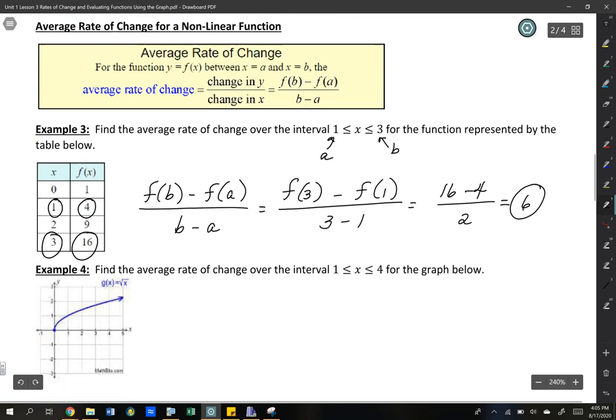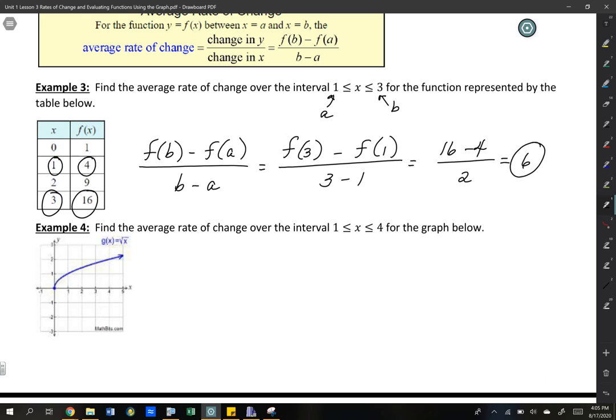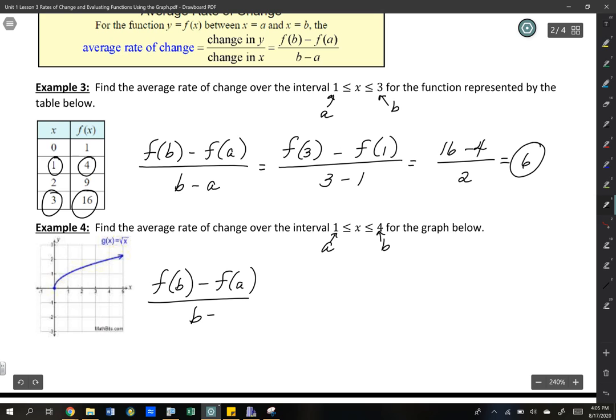Great. Find the average rate of change over the interval 1 to 4. Again, the first value is always a, the second value is always b. We'll write the formula. This time we have to look at the graph to find f of b and f of a.